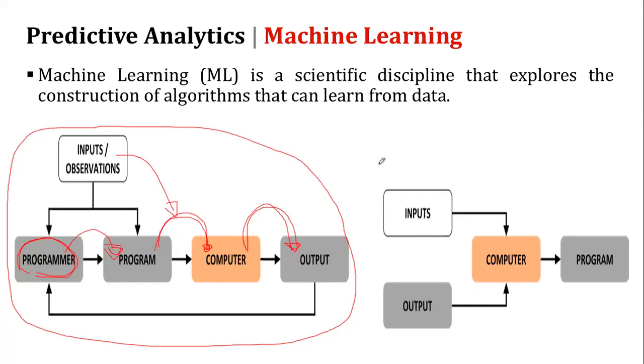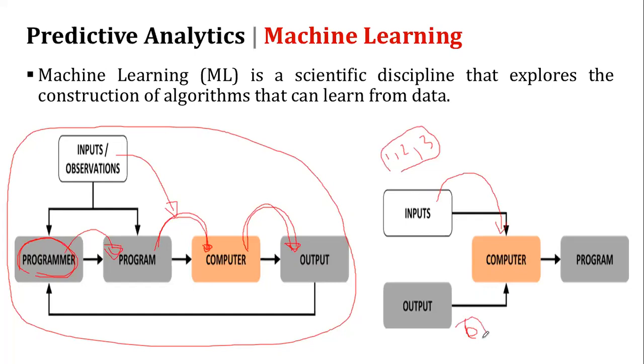But with machine learning, this paradigm has changed, right? What we do in machine learning is give the input to the computer, let's say the numbers 1, 2, 3, and I also give the output. I say, if it is 1, 2, 3, the sum is 6. I give that to the computer.